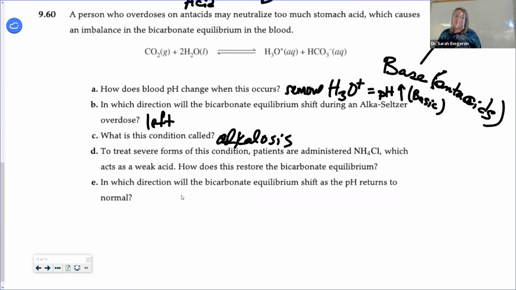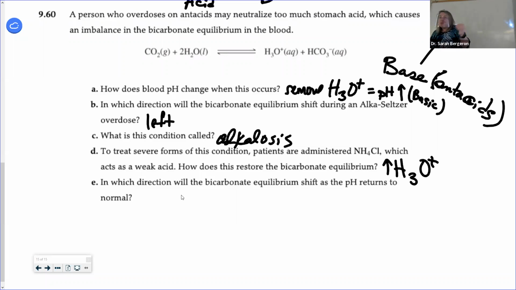To treat a severe form of this condition, patients are administered NH4Cl, which acts as a weak acid. They overdosed on base, so what's the treatment? Give them an acid. How does it restore the equilibrium? I just gave them an acid, so what am I increasing?